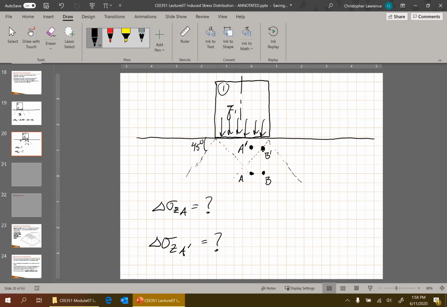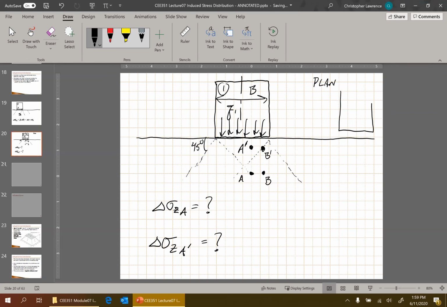And so in other words, the distance from the center line to the edge of the load, right? If I say that this is a rectangle in plan view, let me say that this is the width of the load. I'll call that B. In plan view, maybe it looks like this.